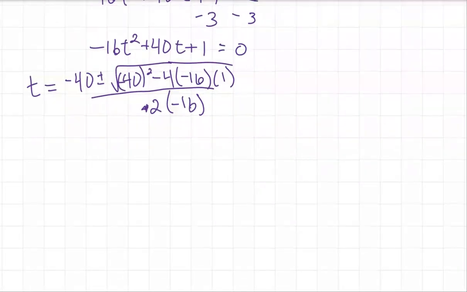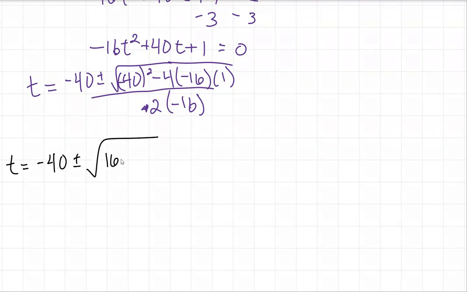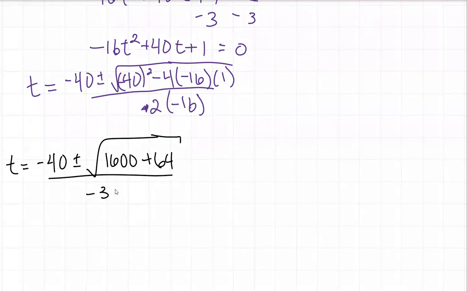Okay, so t is equal to -40 plus or minus the square root of -40 squared, that's 1,600, minus 4 times -4 times -16, that's going to be +64, divided by negative 32.